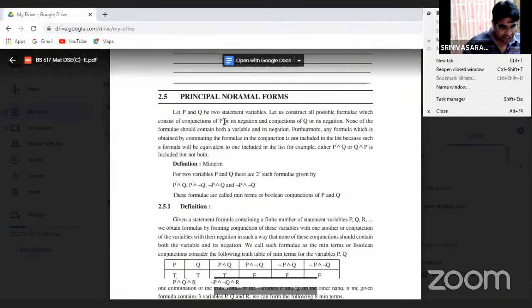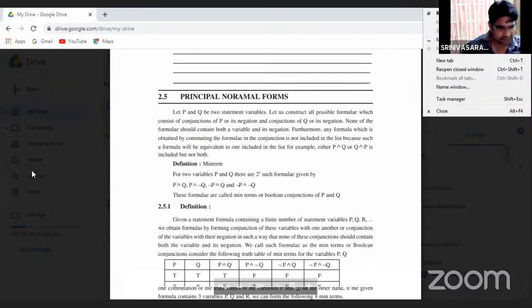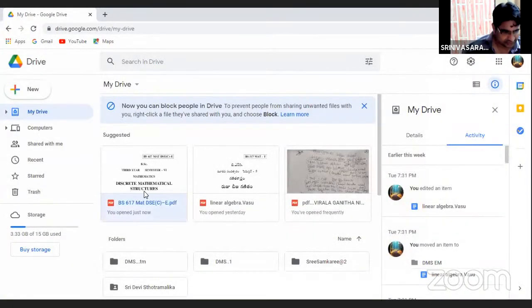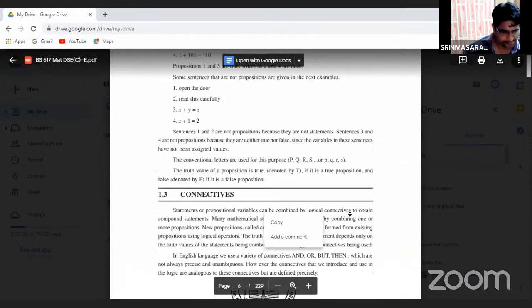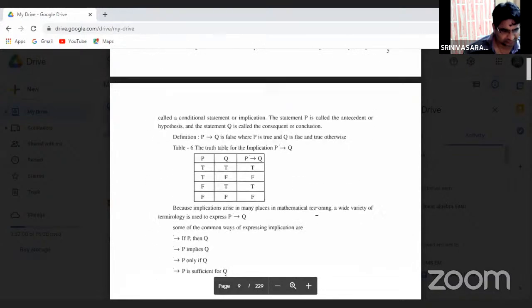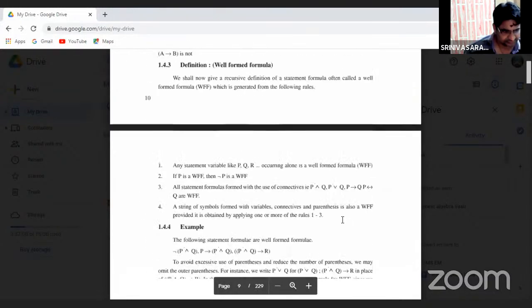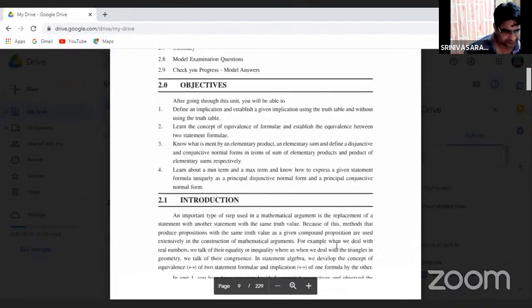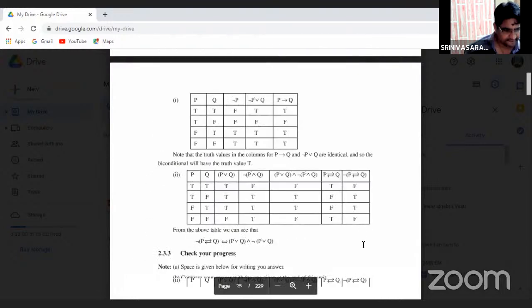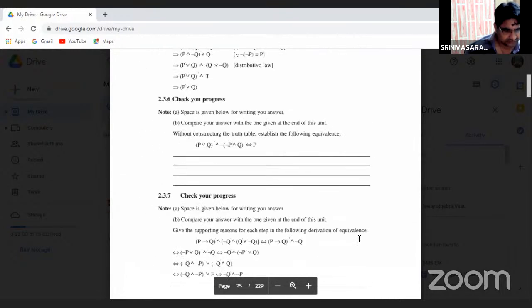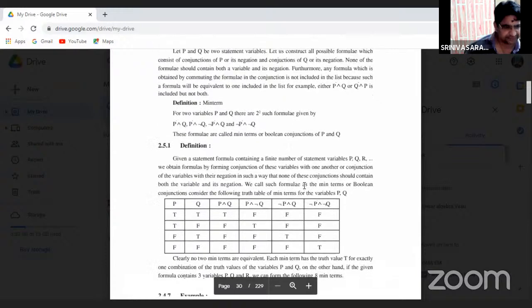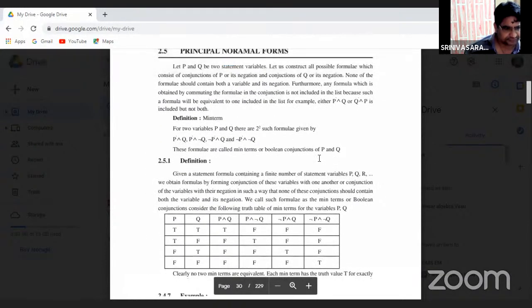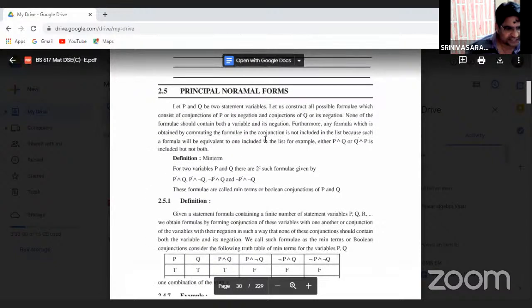part of this unit. Now, P and Q be two statement variables here. Let P and Q be two statement variables.